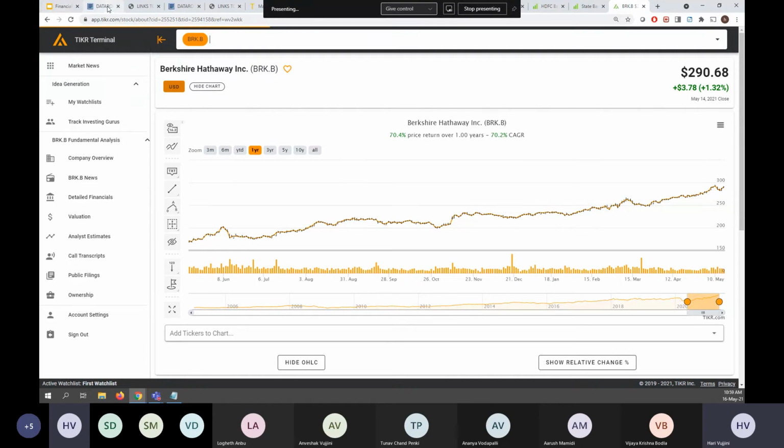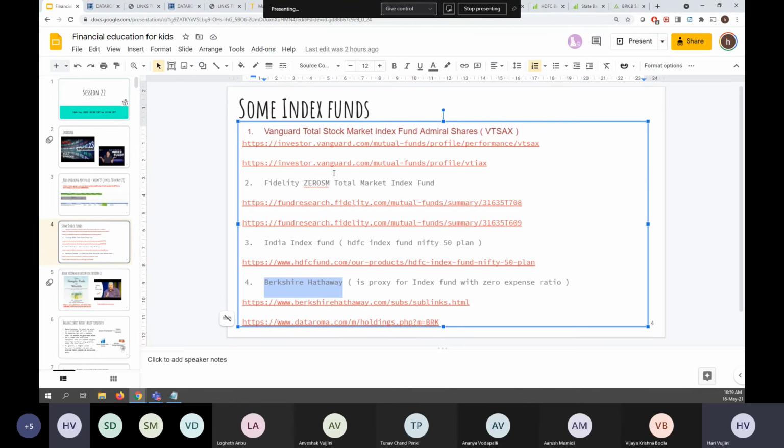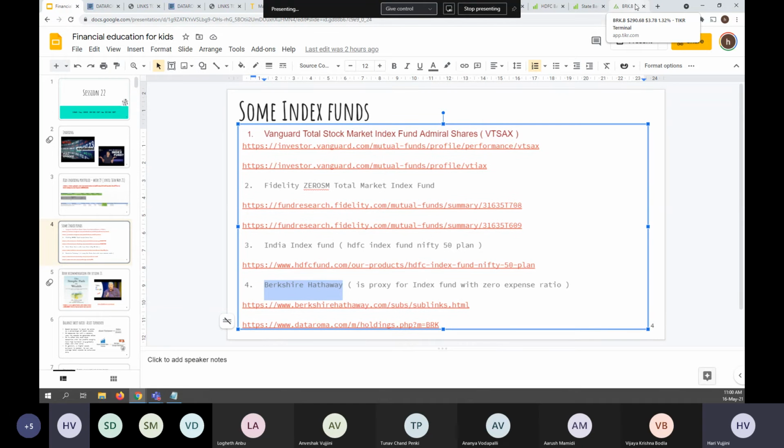But my point is, if you look at the index fund, they are based on the market cap. So what Vanguard or any index fund is doing is they are investing based on the market cap. I'll tell you a real story. You know Tesla, right? During March 2020, Tesla was a 30 or 60 billion dollar company. In the last 1 year, Tesla price went up by 10 times.